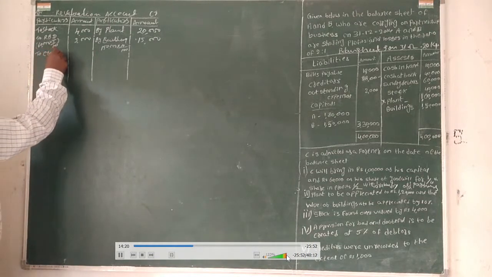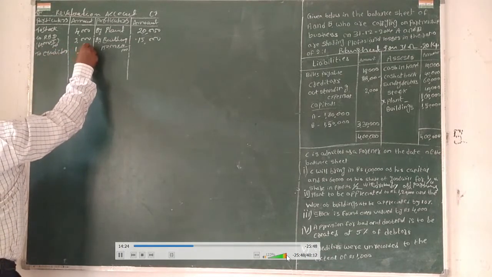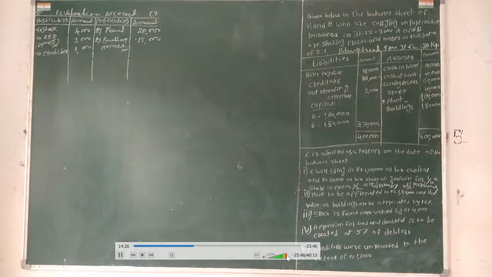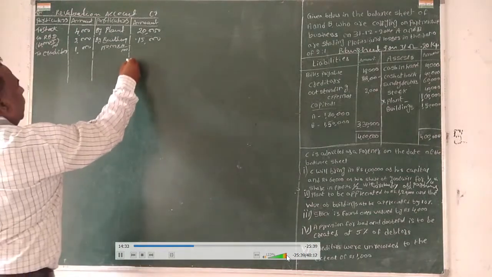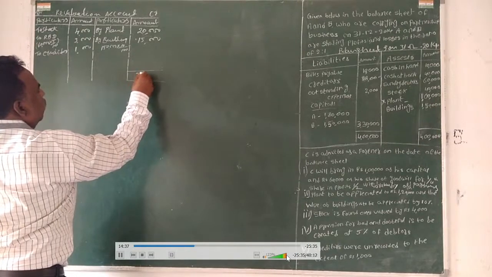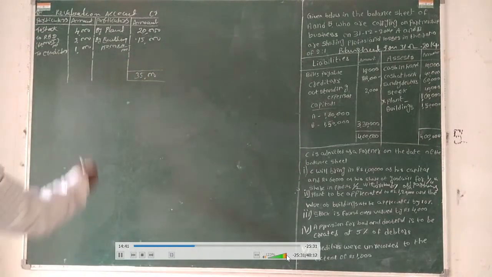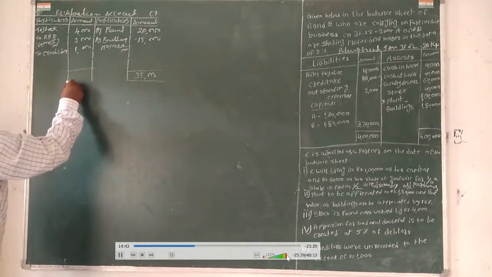It must be distributed among the old partners according to their old profit sharing ratio, that is 2 by 3. So 27,000: share of A 18,000, share of B 9,000.